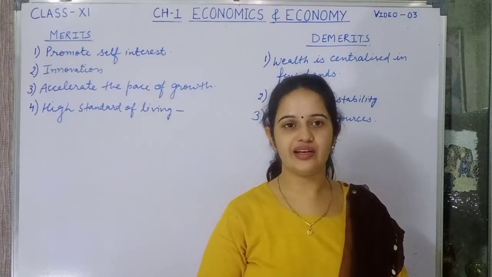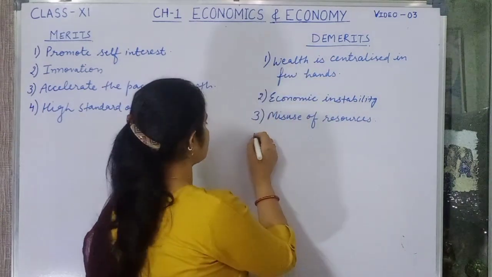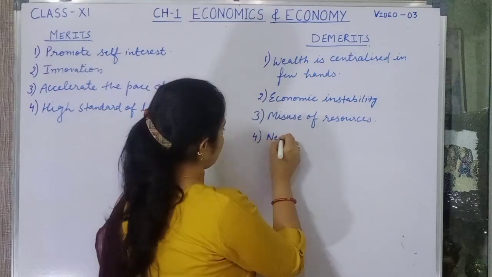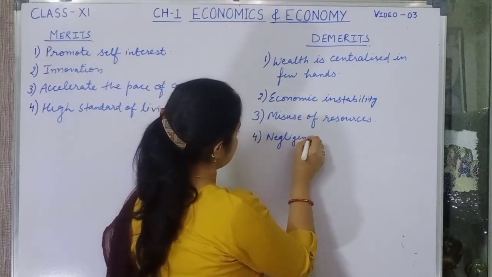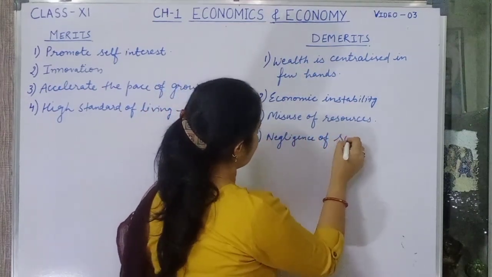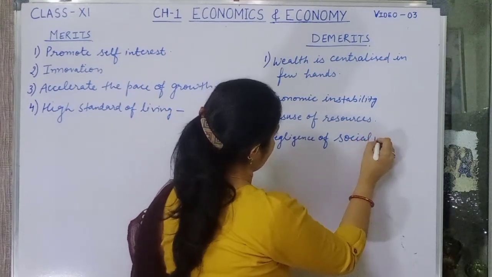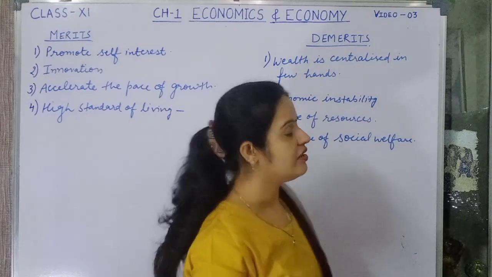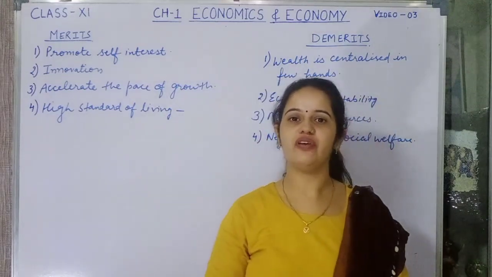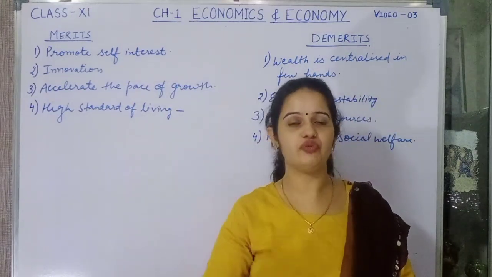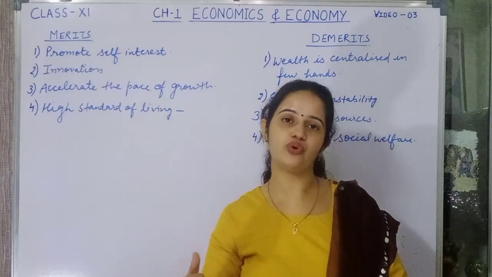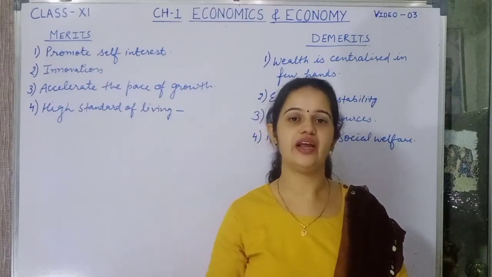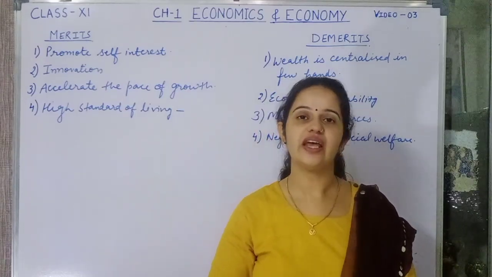Next demerit is negligence of social welfare. We already talked that here the main target is profit motive, and every individual has the motto to earn more and more profit, therefore social welfare is ignored.